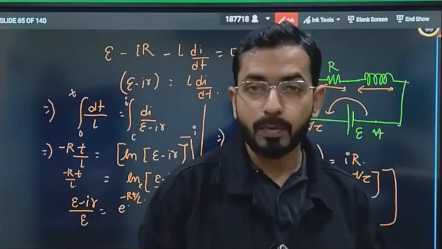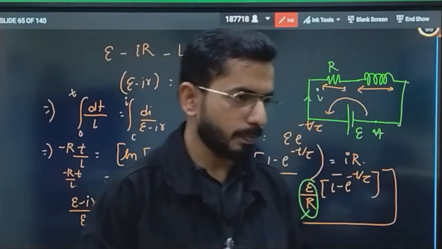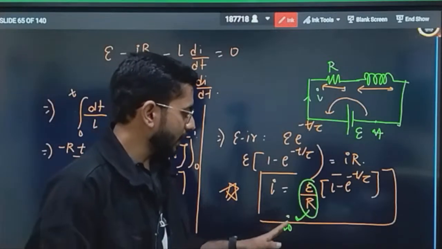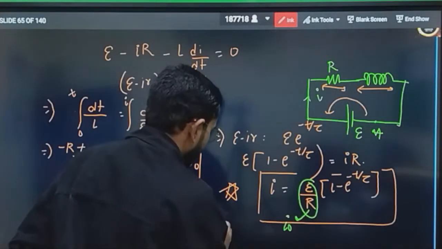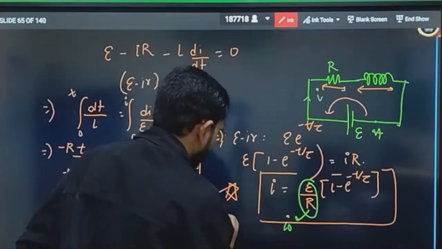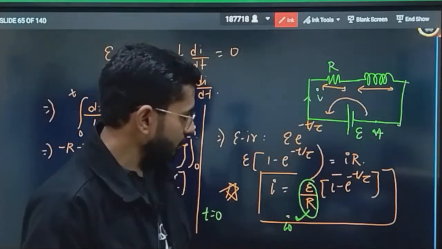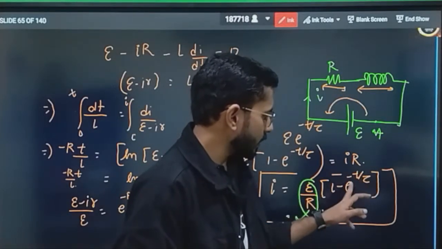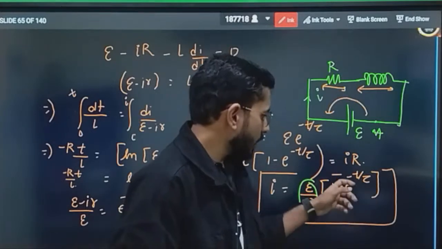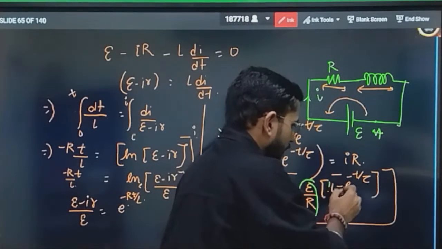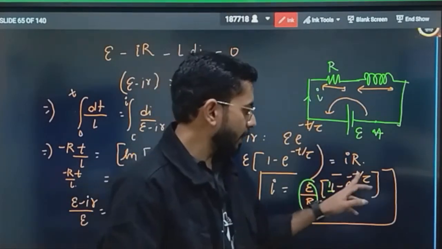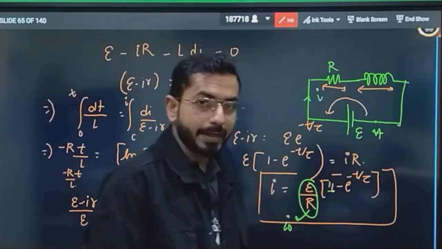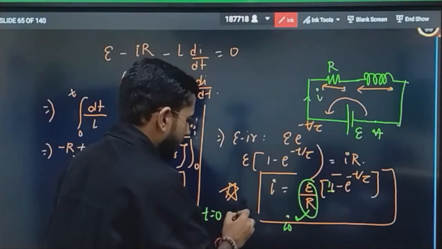In how much time, how much current is passing through? If I ask you, at t equal to 0, how much current is there? Let's calculate. At t equal to 0, e power 0 is 1. So 1 minus 1 simply gets cancelled out, and the current will be equal to 0.